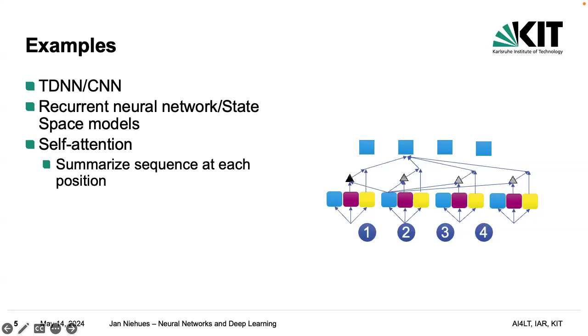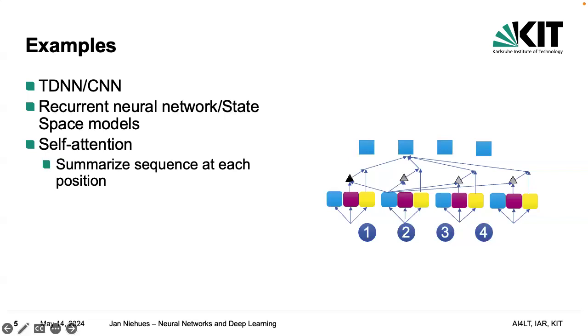And of course, they all have advantages and disadvantages, as we have learned already: how computation efficient they are, how much processing they need, how the information flows, how fast they can learn. And it depends, of course, also on the task, where they are successful or not.